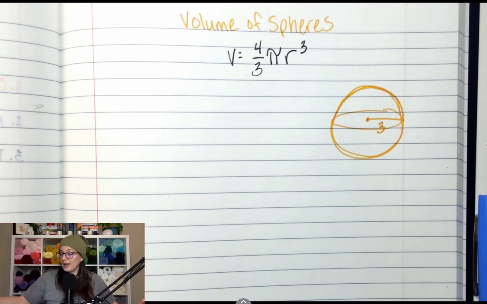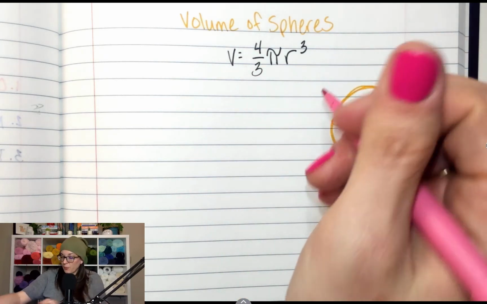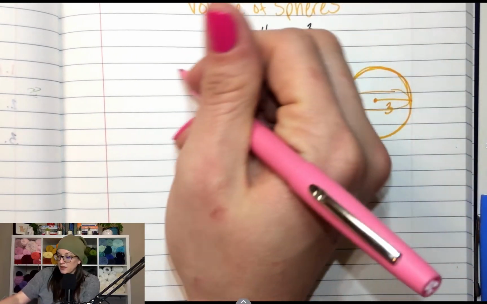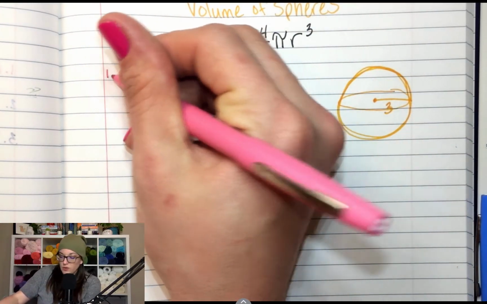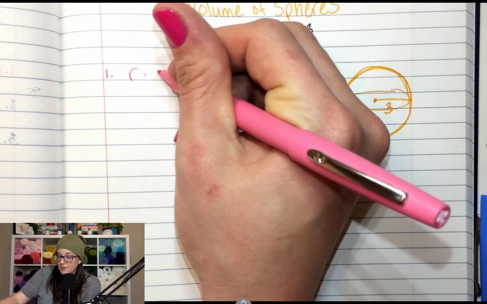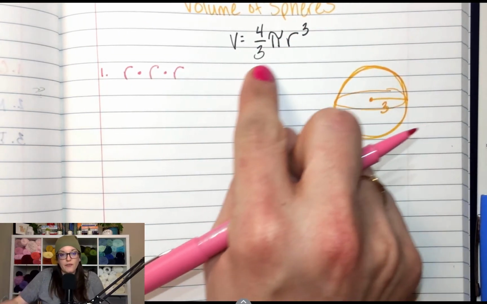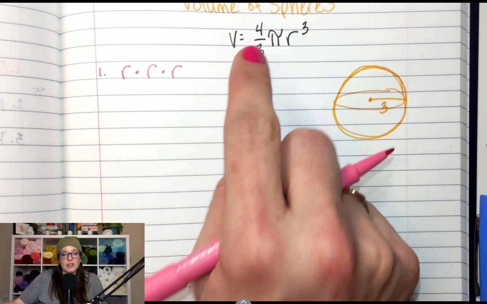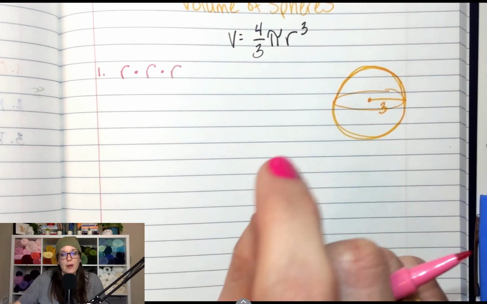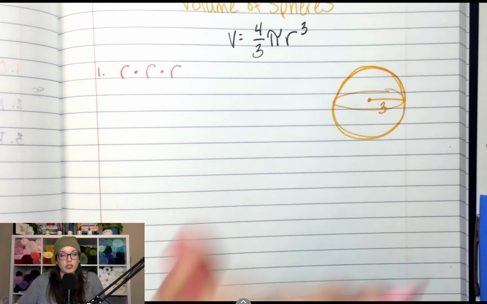So my instructions, my directions. Step 1, we are going to do radius times radius times radius because notice the formula for volume of a sphere is 4/3 pi r cubed.